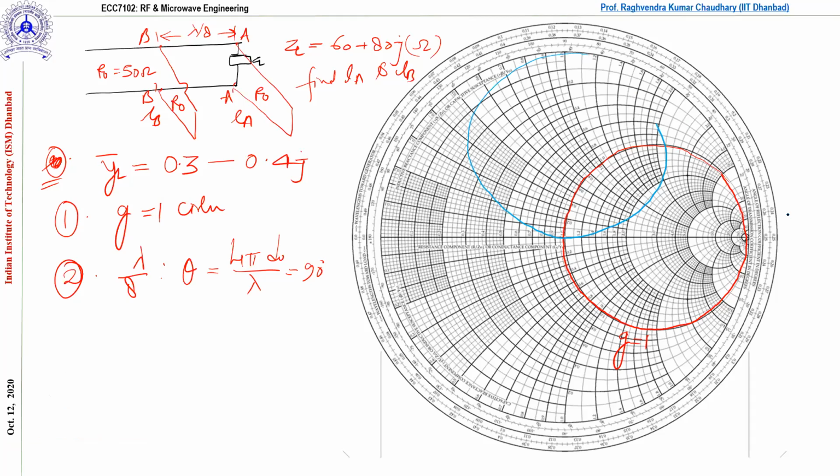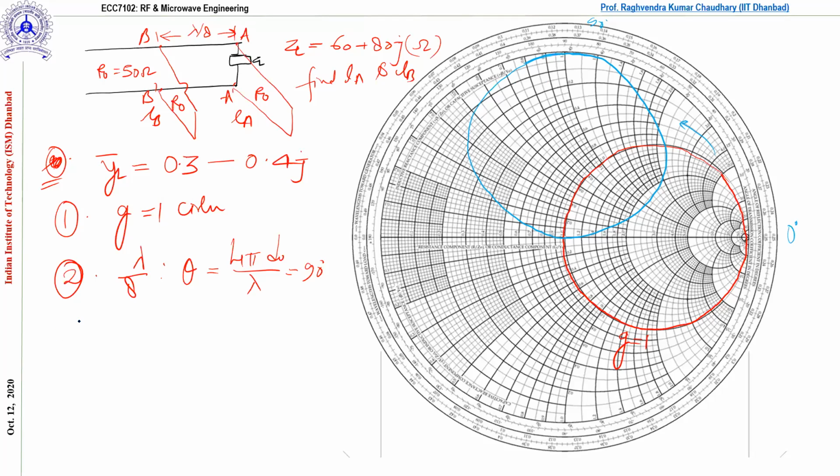This is 0 degree and here is 90 degree. Fine. I cannot make the perfect circle, this is all handwritten. So I'm expecting that you can take the radius and diameter, find the point over here and draw a circle. Correct? Fine.